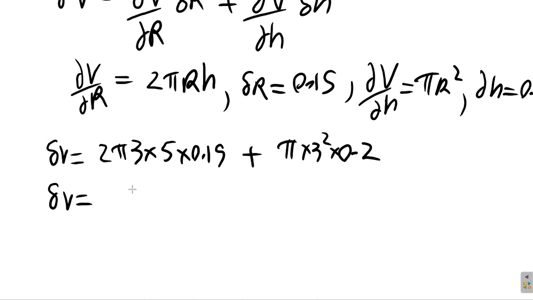Let me calculate this. 2 times pi times 3 times 5 times 0.15 gives us 14.137, plus pi times 9 times 0.2 equals 5.655.